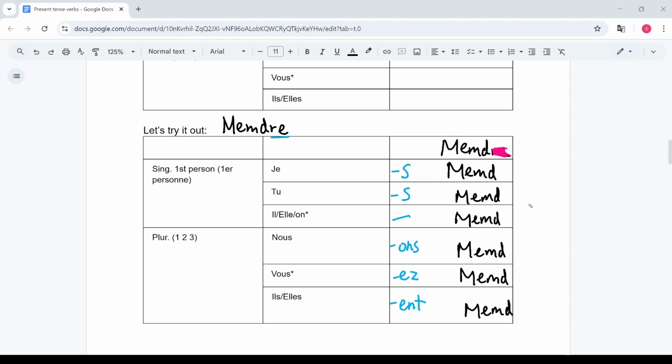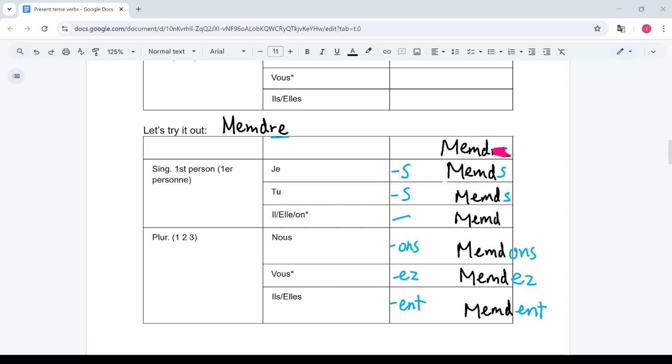So for RE verbs, je becomes an S, tu, we add an S, il, elle, on, we add nothing, nous, we add ONS, vous, we add EZ, and finally, il, elle, pluriel, we add ENT. And so we are left with this made-up verb mendre.